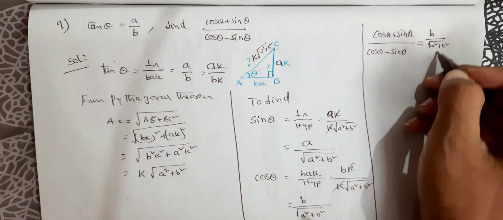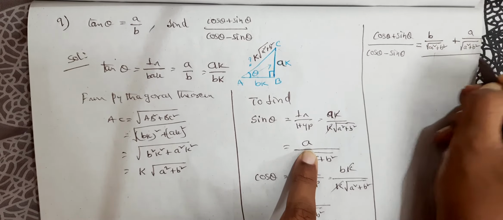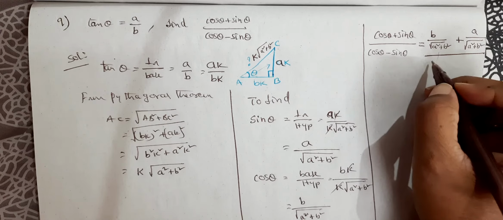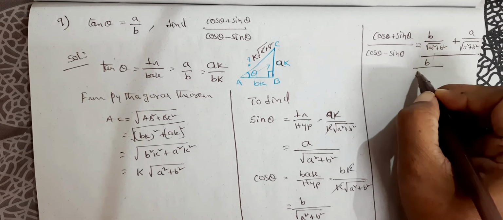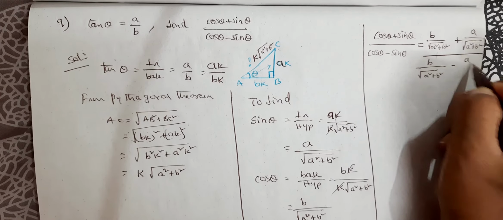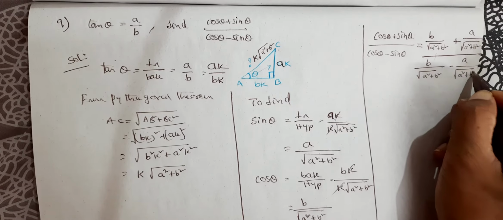So this is the cos value here, plus sin theta value, which is A by root of A square plus B square. This is in the numerator. Now in the denominator, I am putting the common denominator: cos theta minus sin theta. Cos theta is again B by root of A square plus B square, minus sin theta, which is A by root of A square plus B square.